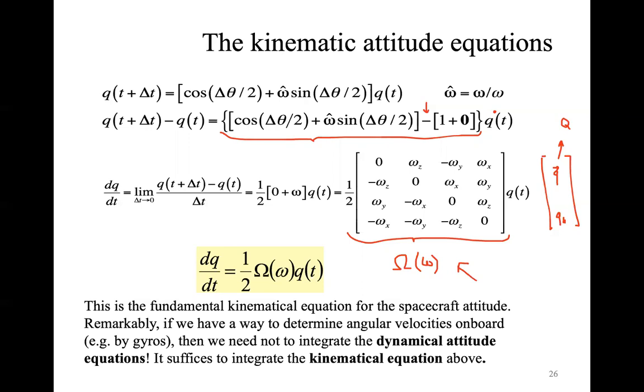And the two main parameters that model the errors of the gyroscopes are bias and drift, as we're going to see later, maybe tomorrow.